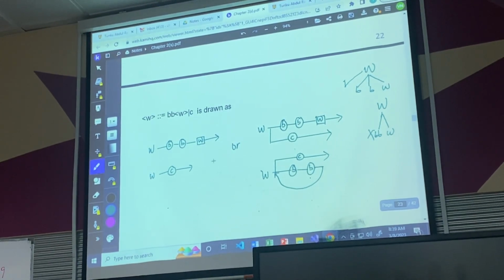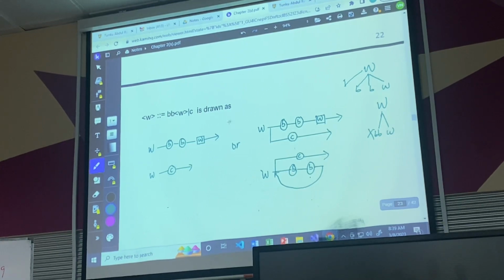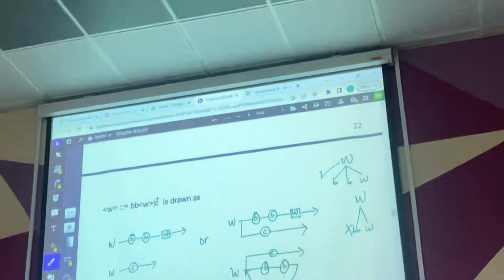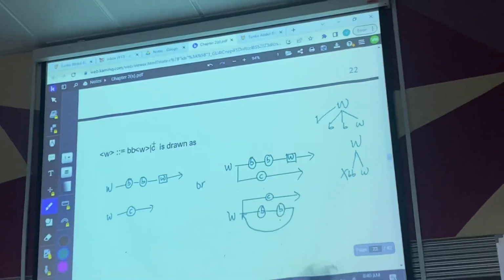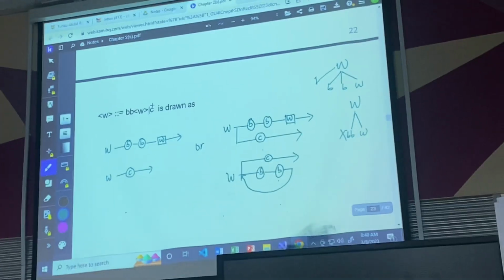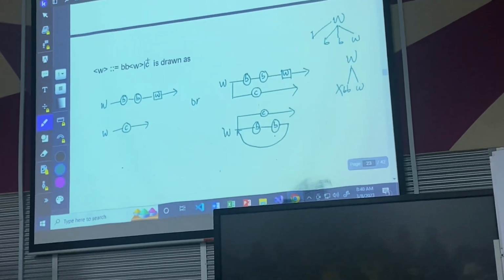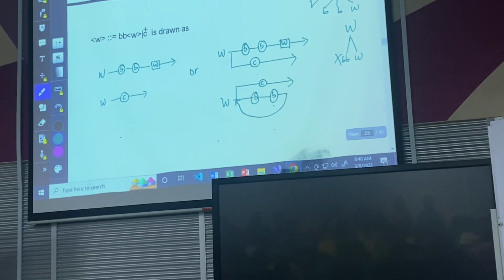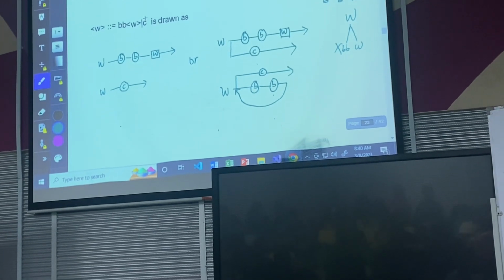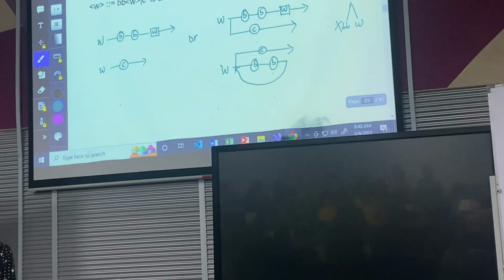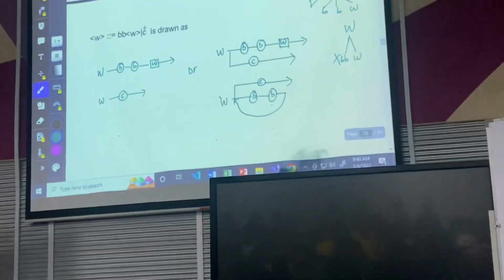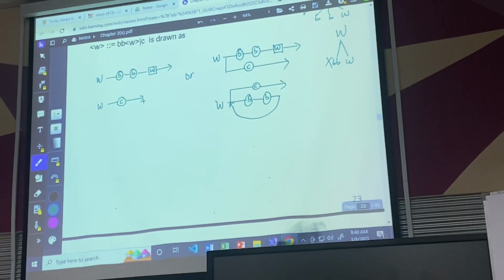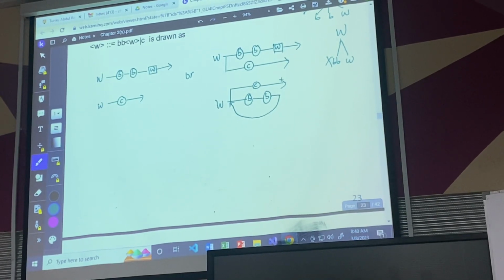I think these are all the possible ways to draw the syntax diagram for this. Anyone have a different diagram?